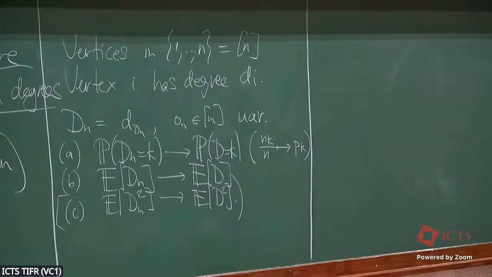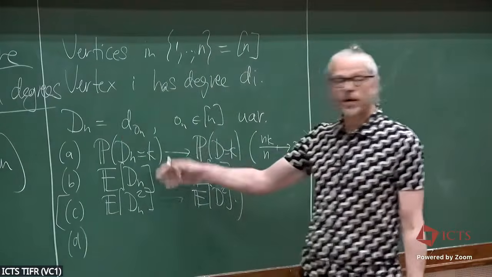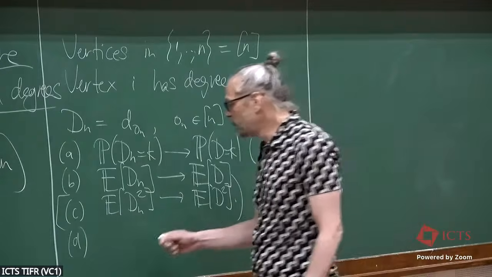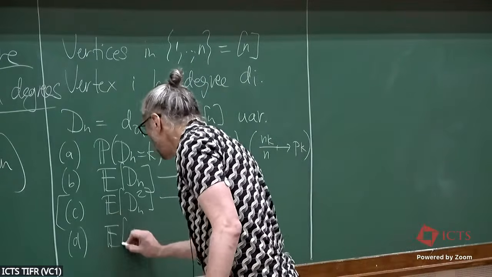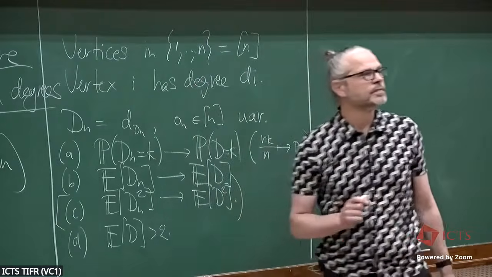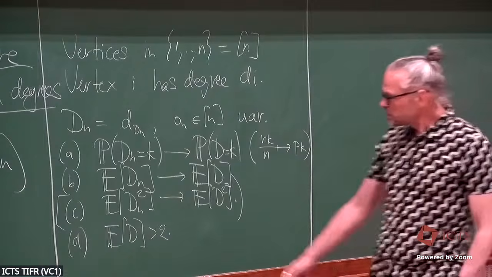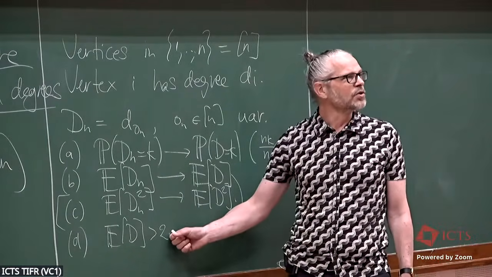Then I'll make two assumptions on the limiting degree distribution. I'll assume that the expected value of D is strictly larger than 2. In terms of connectivity, that makes perfect sense, because if the expectation were 2, we're basically talking about trees. Trees are very poorly connected, a regime even harder than the one I'm going to talk about. So this tells us that the graphs will not be trees.